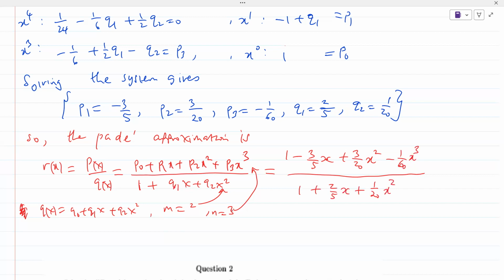Right, so this is going to be the Pade approximation. What kind of a Pade approximation is this?